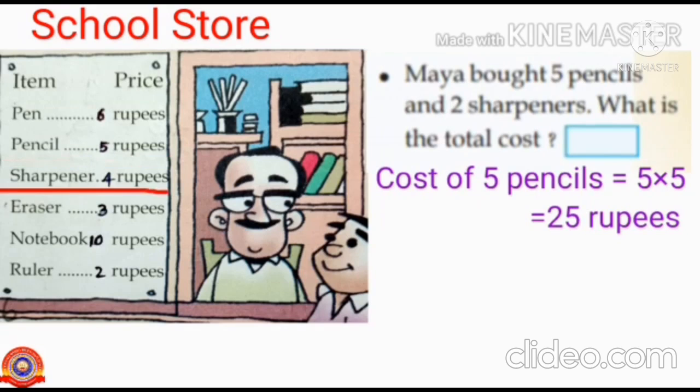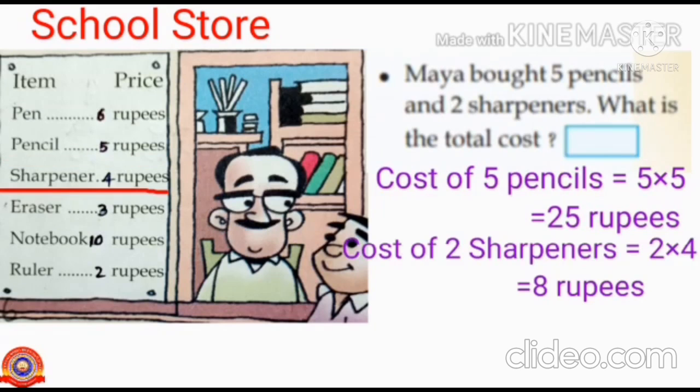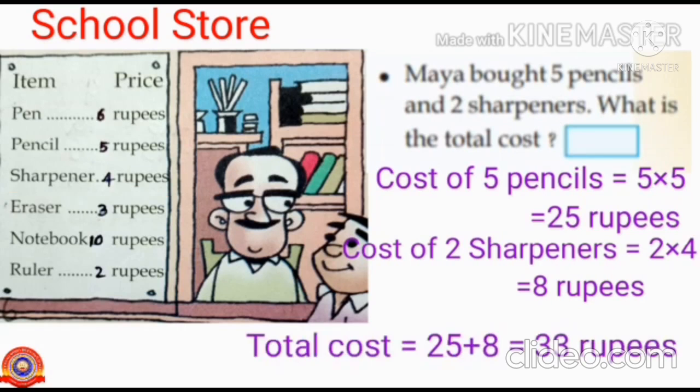So cost of 2 sharpeners equals 2 times 4. That is 2 into 4 equals 8 rupees. Then what is the total cost? Total cost equals 25 rupees plus 8 rupees equals 33 rupees. So cost of 5 pencils and 2 sharpeners is 33 rupees.